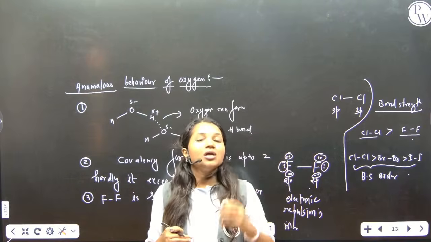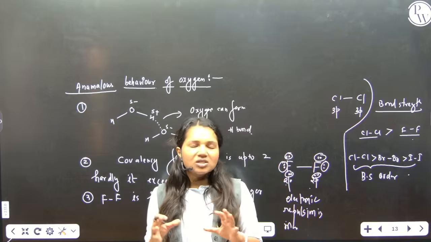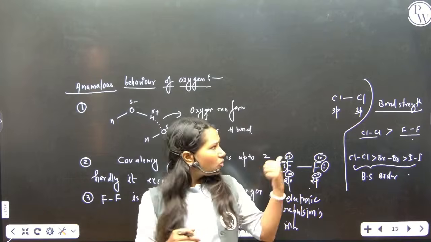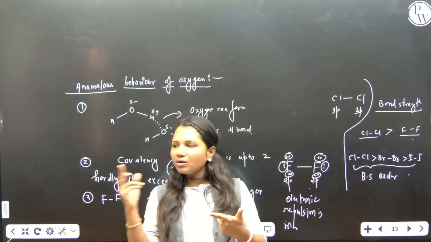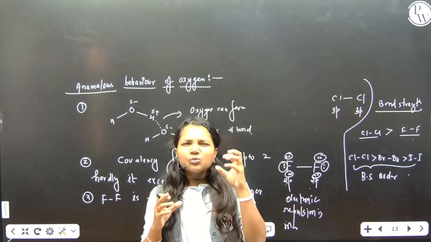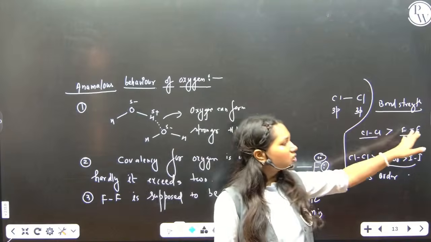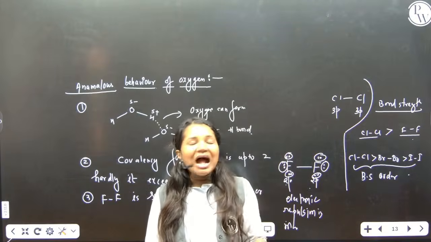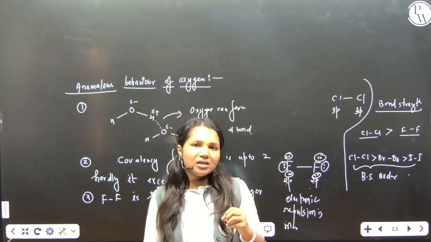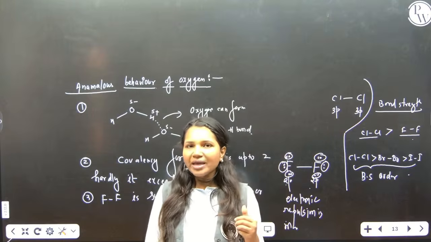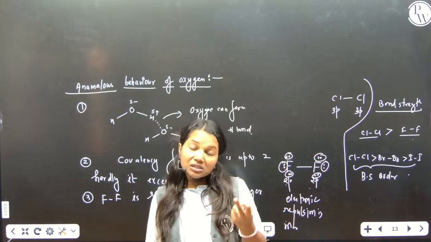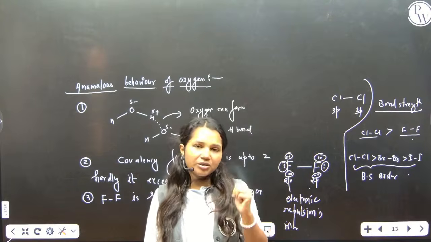In the last, fluorine and chlorine bond: fluorine is small in size, so electronic repulsion is more and the bond is weak. What are the reasons for this anomalous behavior? Small size, high EN, absence of d orbital and high ionization enthalpy.